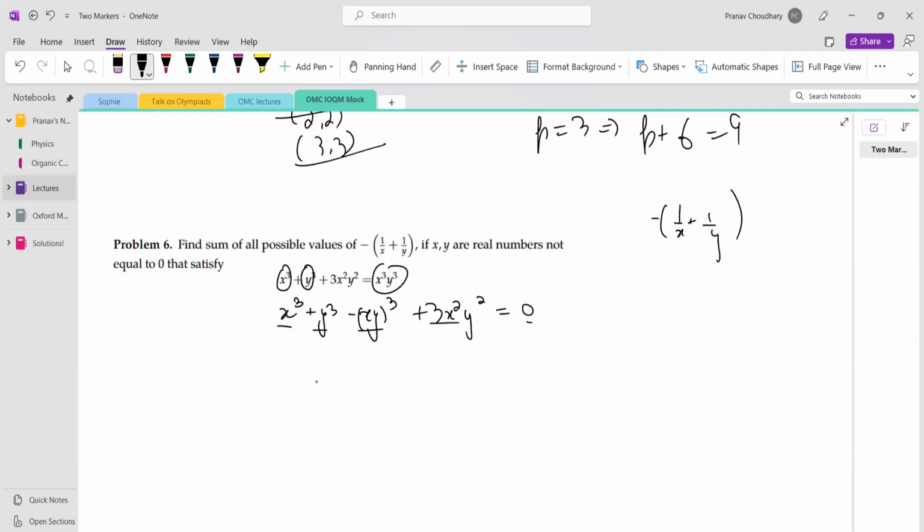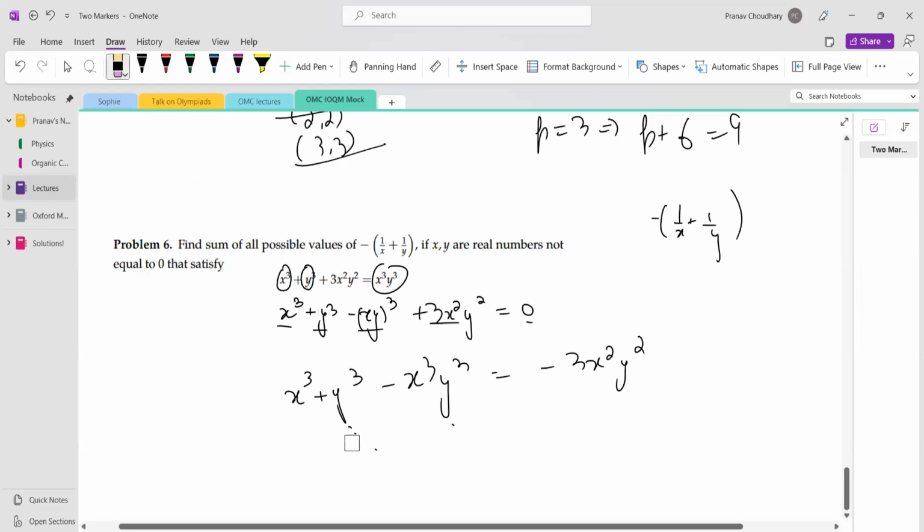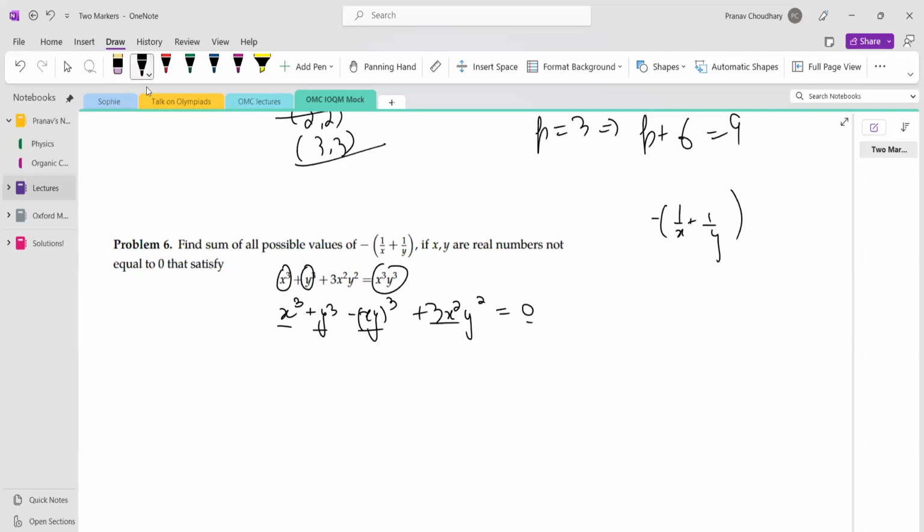At first you'd want to do something like x cube plus y cube minus x cube y cube equals to minus 3x square y square, and then write this as x cube minus 1 times y cube minus 1 and do stuff like that. But that does not work essentially. So you just see that, oh, at this point, it just looks like a cube plus b cube plus c cube equals to 3abc, right? So that is the whole idea behind the problem.